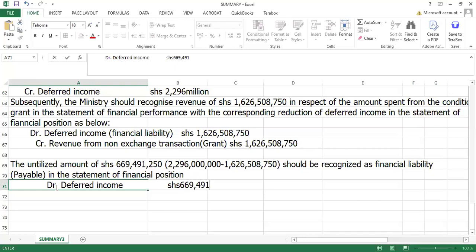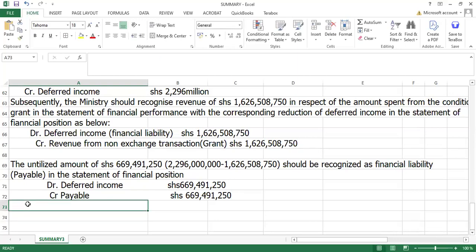We credit the payable of 491,250. Now these become our trade payables. We have to clear them. This is before payment, before you refund.